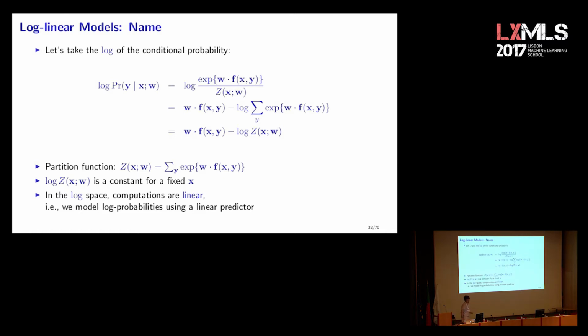Okay, so let me go over a couple of things. First, why this name, log linear? What does this mean? To show this, let's consider this expression of probabilities, and let's take the log. Okay, see what happens. I just substitute here what I defined before.